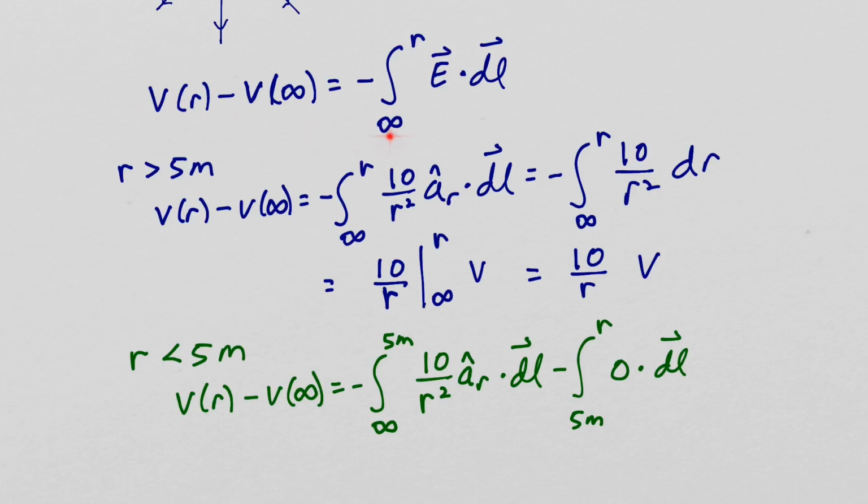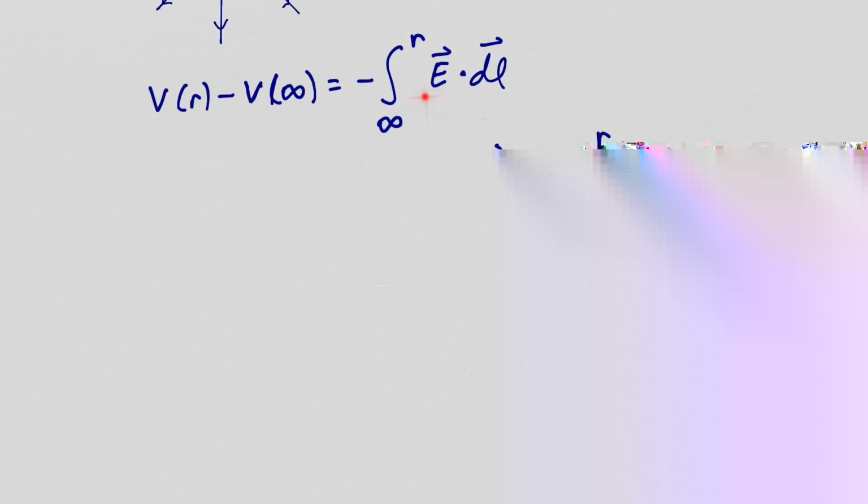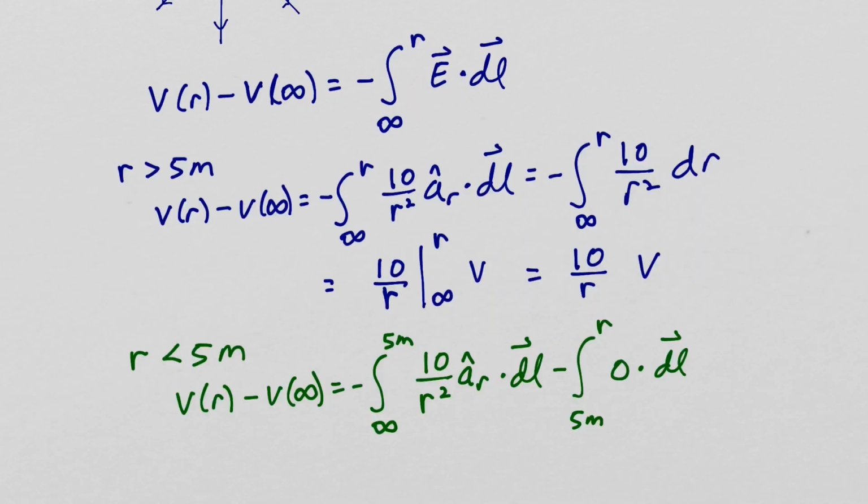Our function for the electric field intensity is different when r is greater than 5 meters than when r is less than 5 meters. So we'll integrate from infinity to 5 meters of 10 over r squared, and then we'll integrate from 5 meters to r of 0 dl because the electric field is 0 for when r is less than 5 meters.